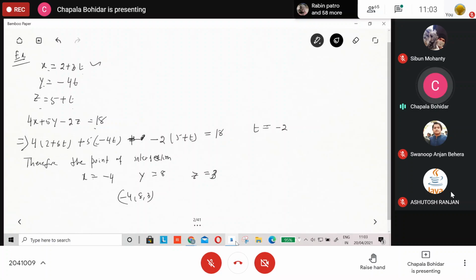Or you can say two planes are said to be parallel if their normal vectors are parallel. For example, it is your note.